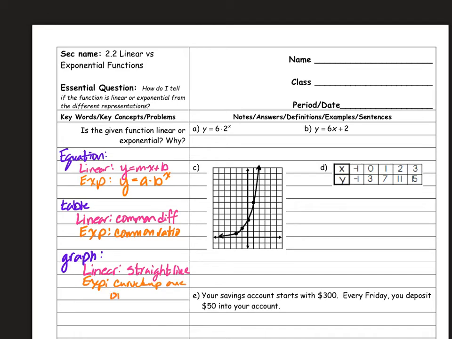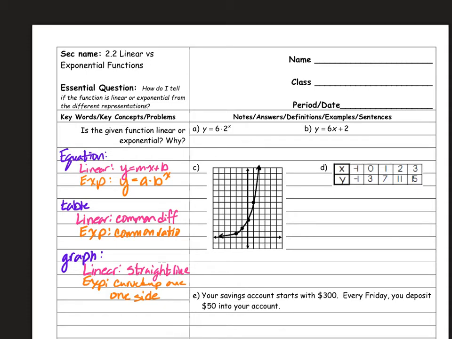On one side. Okay? And it doesn't matter which side, one side or the other can be curved up. It doesn't matter, just as long as one side is curved up. So those are kind of our definitions, if you want to say, or what we defined as being linear or exponential for each of those three, if it's equation, table, or graph.